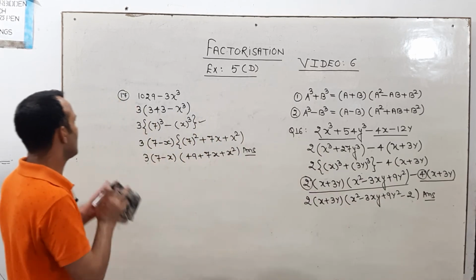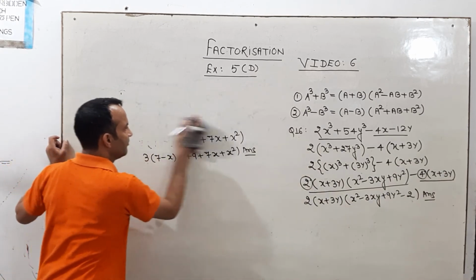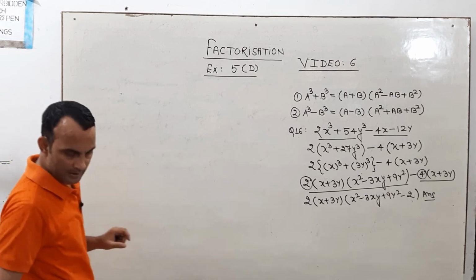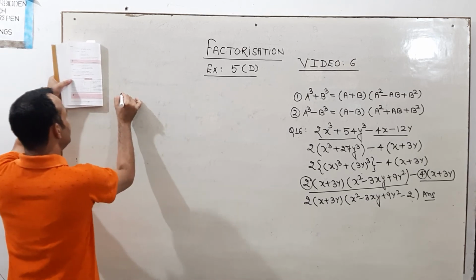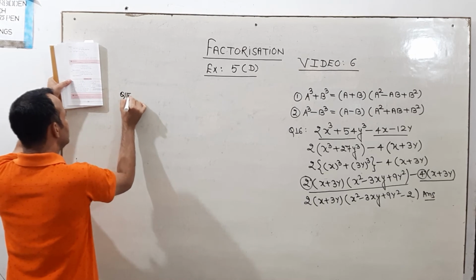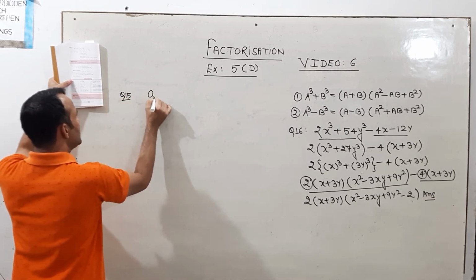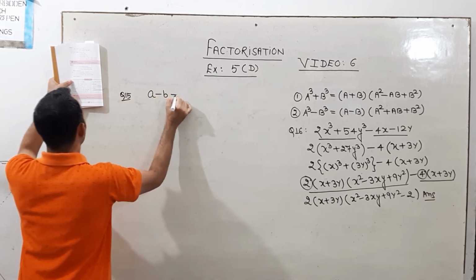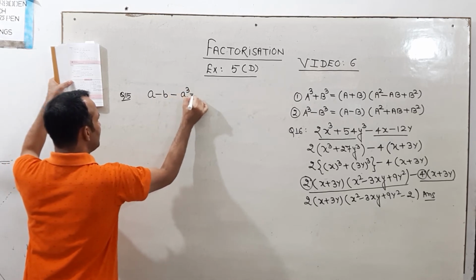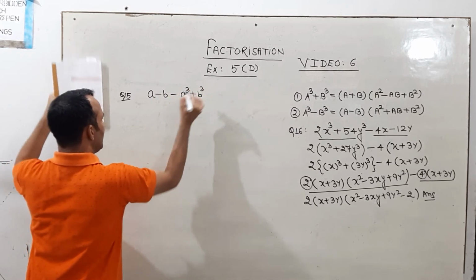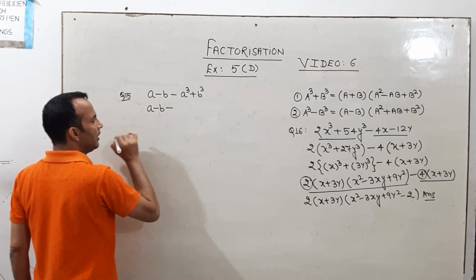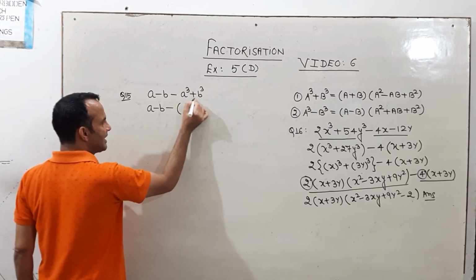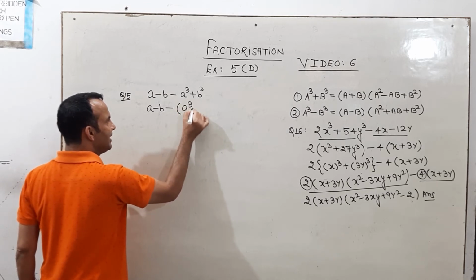Now, see the next problem, dear students. See question number 15. A minus b minus a cube plus b cube. See, a minus b, taking common minus 1, the given expression is converted to a cube minus b cube.